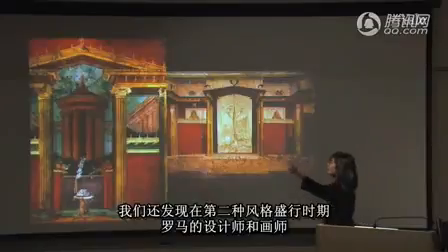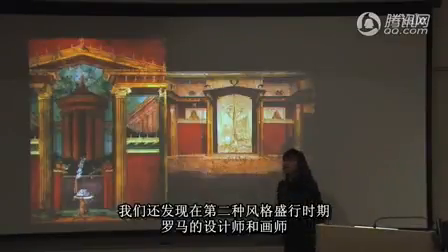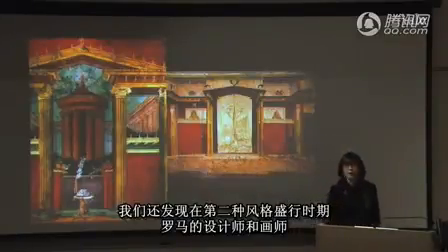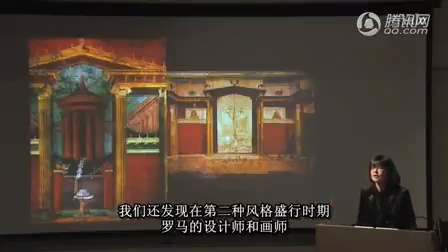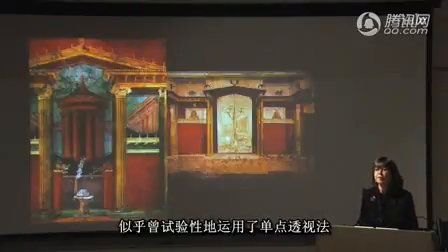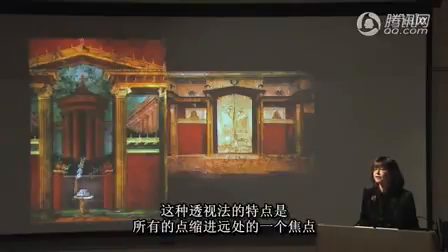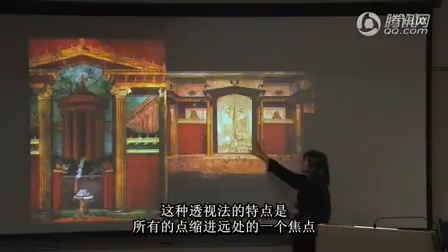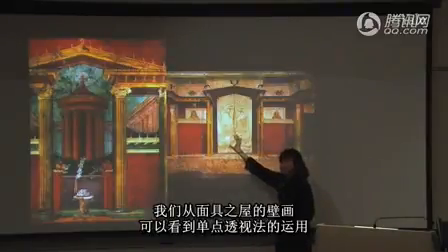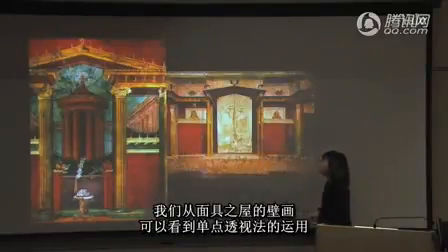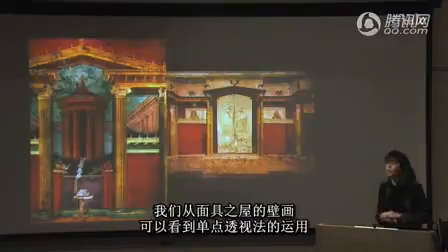We also explored the fact that in the second style, the Roman painters seem to have experimented with one-point linear perspective, this perspective in which all points recede to a single point in the distance, and that we see that use of one-point perspective in the second-style wall paintings in the Room of the Masks.